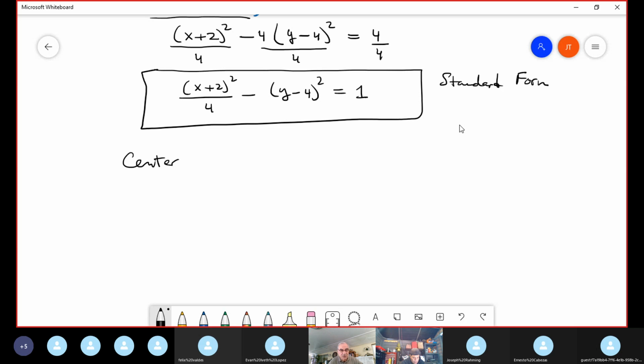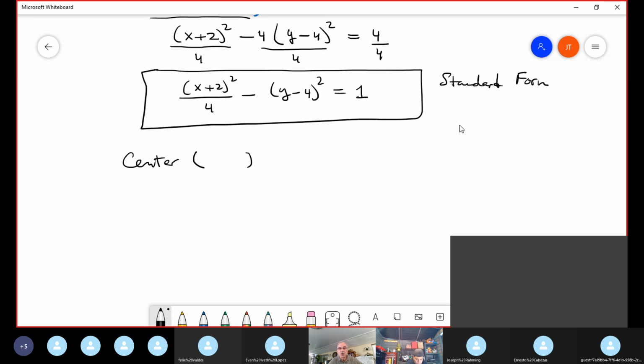Center. At what point is located the center of this hyperbola? H comma K. Who's H? Who's K? Is it 4 comma negative 1?